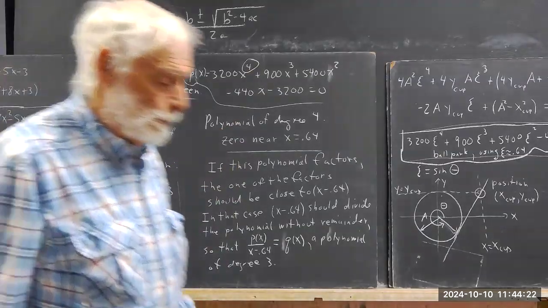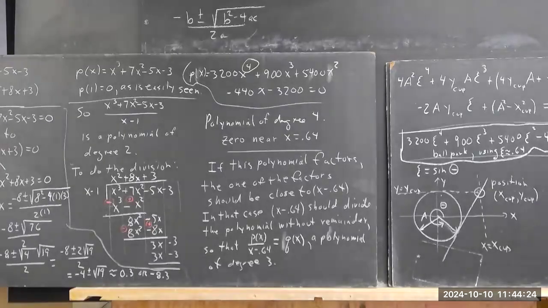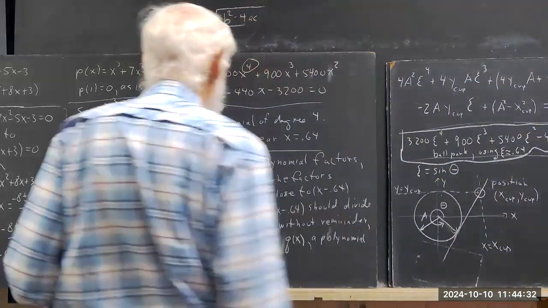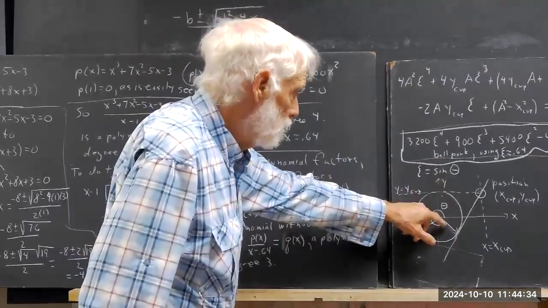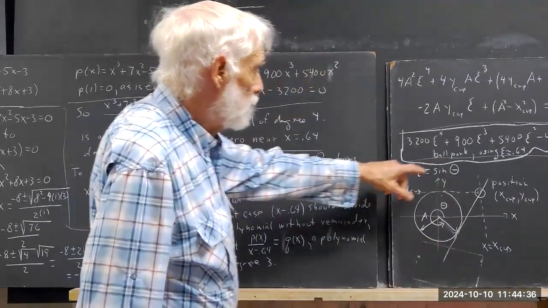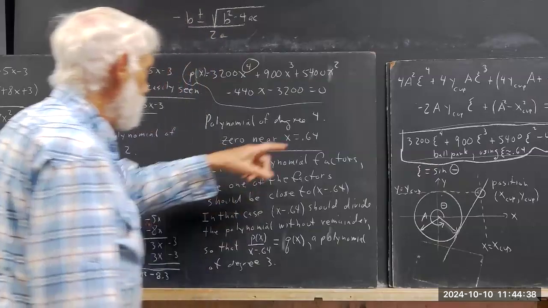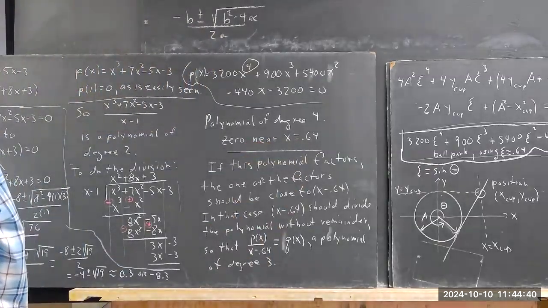From my estimate of where this thing was, when it looks like the penny should have gone straight to the cup, I estimated this angle theta here, and I took the sine of that angle, and I got something like 0.64.